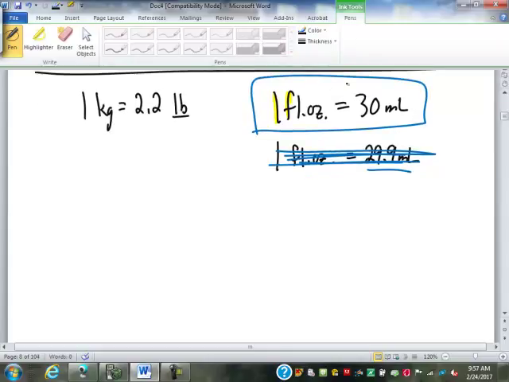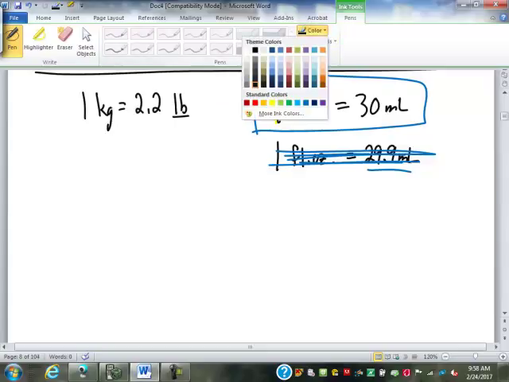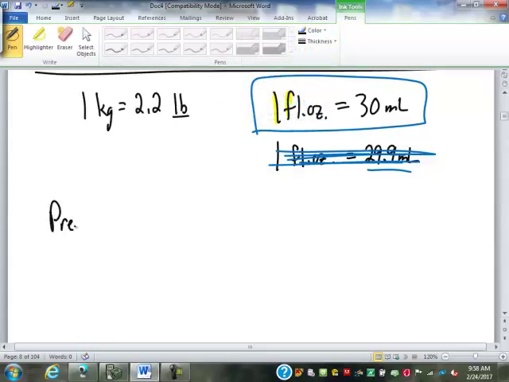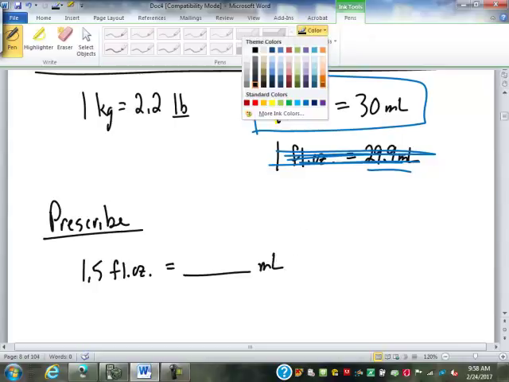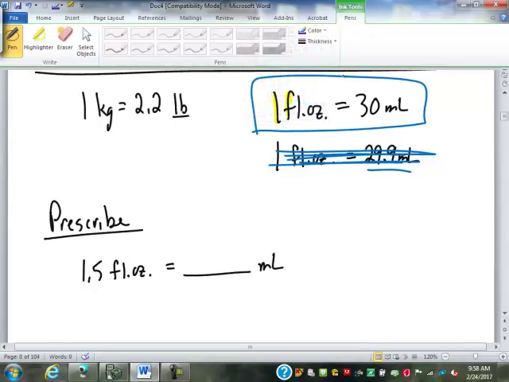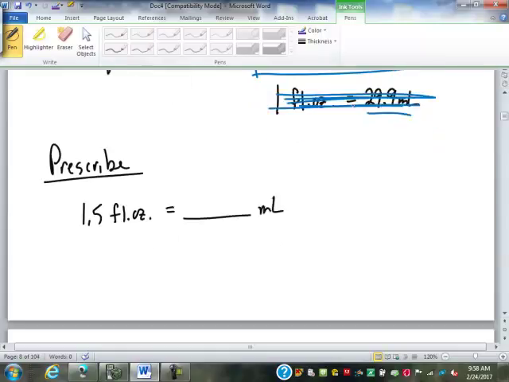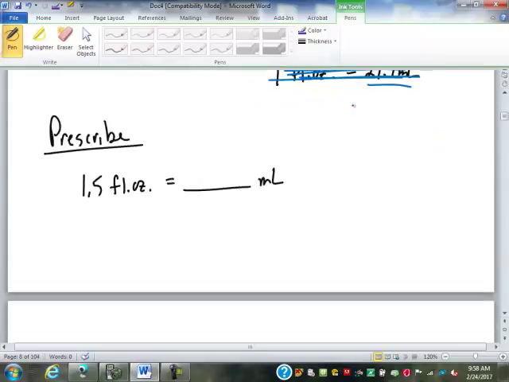Okay, so if we are told that we are prescribing 1.5 fluid ounces of medication, I want to know how many milliliters that is. Now, if we're loading a syringe, remember 1 milliliter is 1 cubic centimeter, so a milliliter is a cc.